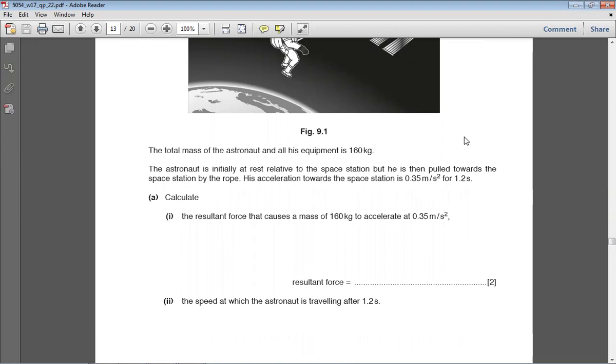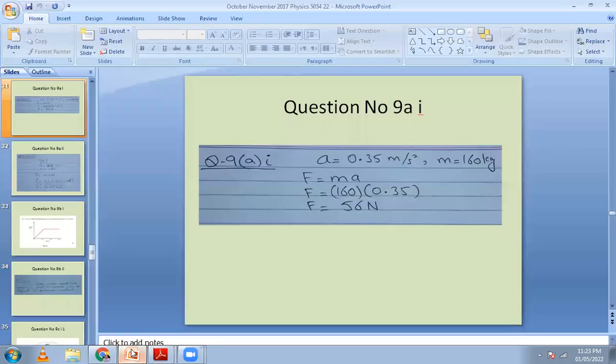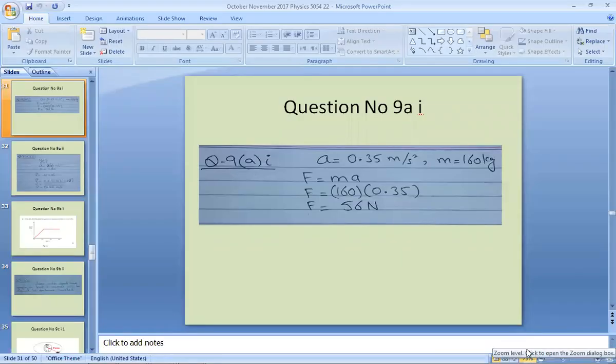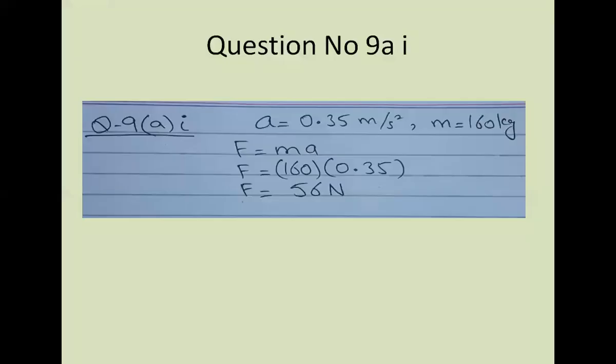If you want to calculate the resultant force, we can use Newton's second law of motion, which says F equals ma, where F is the resultant force, m is the mass of the body, and a is the acceleration of the body. We know the mass, that should be in kg, and we know the acceleration, 0.35. Very easily we can find it.